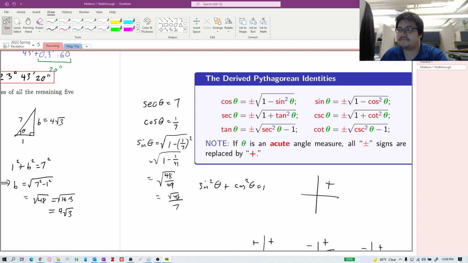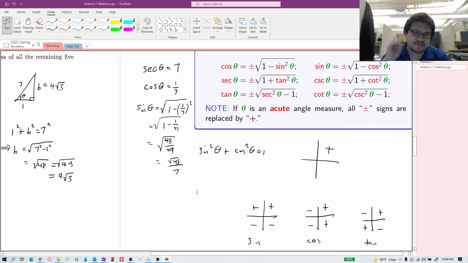I would probably never use the ratio identities or the product identities. You just need to know that sine over cosine is tangent. That's the only thing you need to know. We may as well just use that now. There's two ways to calculate tangent from here: we could do sine over cosine, or we could do this formula. I'll just do sine over cosine.